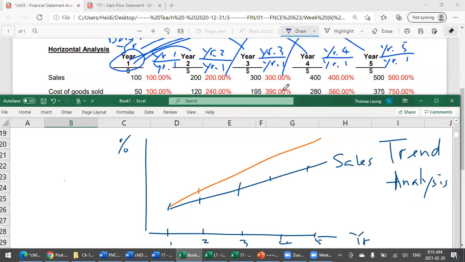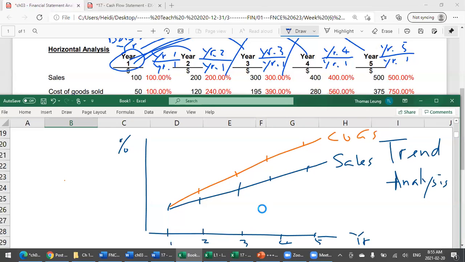My third one is also more than the sales. So it's always more than sales. Therefore, based on this, I can say this line is for cost of goods sold.